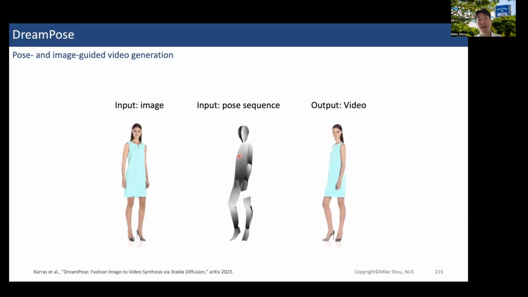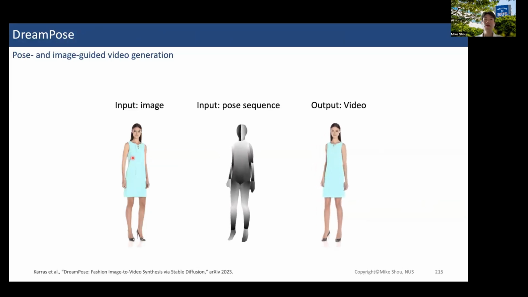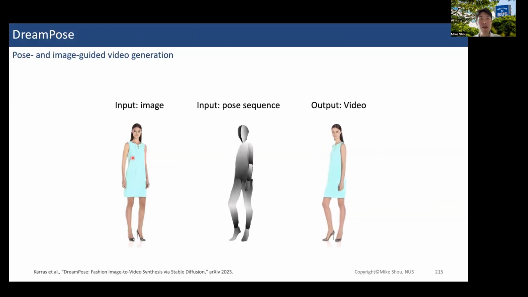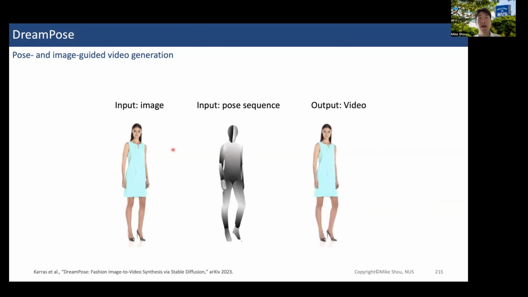Then the task is how we can use this pose sequence to guide this person to, for example, move. So you can see in this case, we have two conditions. One is the input image, and another is the pose sequence.